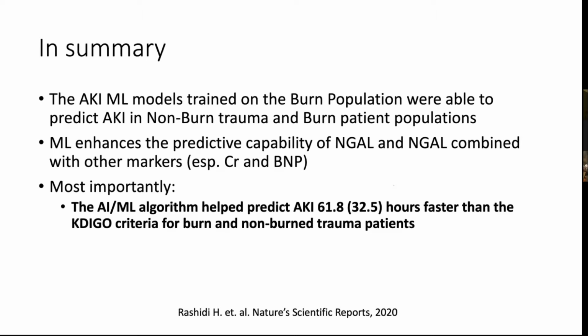The machine learning clearly enhanced the predictive capability of NGAL, and NGAL combined with other biomarkers, specifically creatinine and BNP. Most importantly, the reason we got an IP for this machine learning process was because we were able to do all of this with admission data.